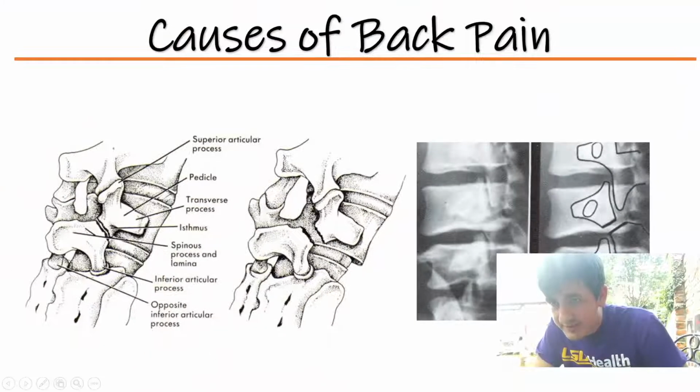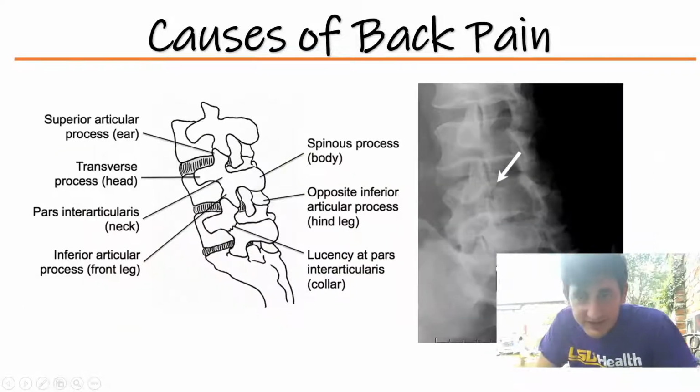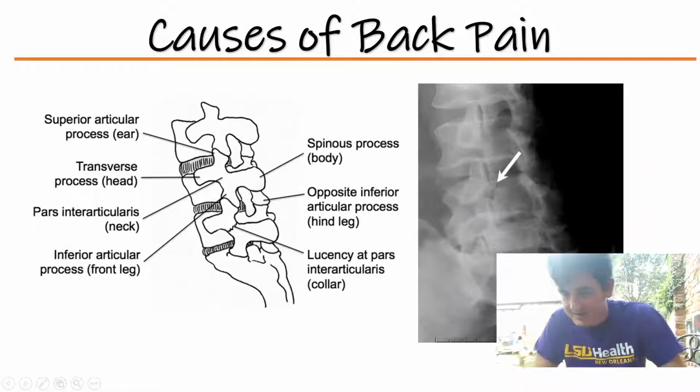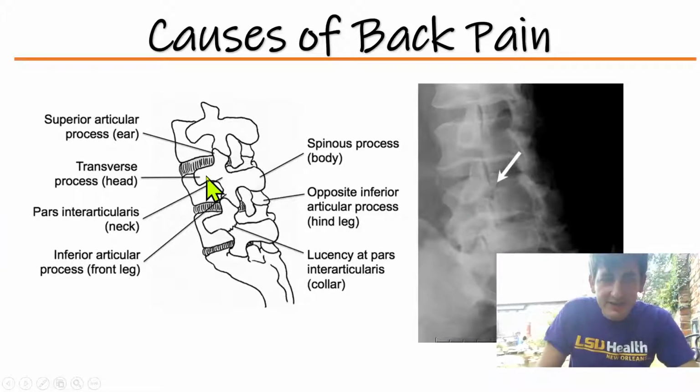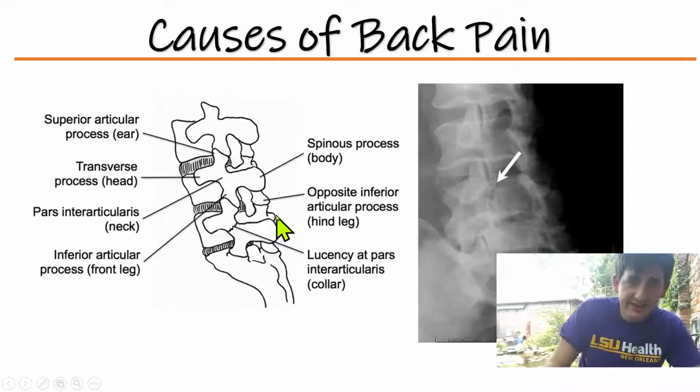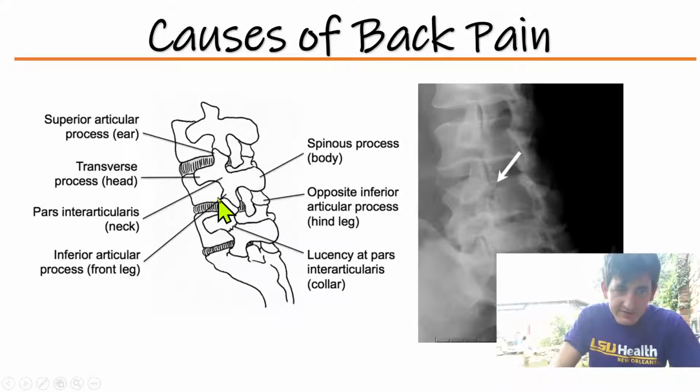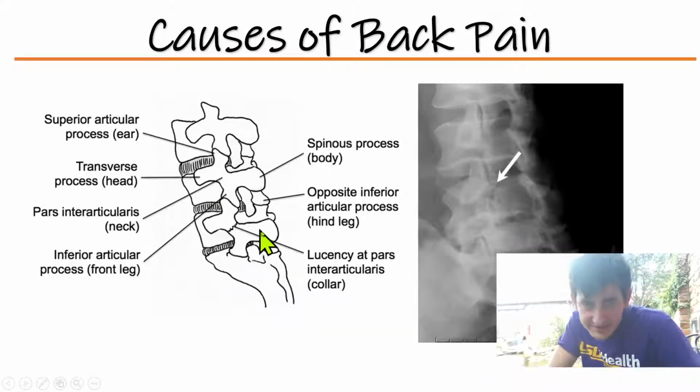And over here, we can also see the dog. Nose, ear. And I don't know if there's a fracture there, but we're going to look at a better case in a second. All right, well, here's a good picture. It shows the ear, the head, the neck, the body, the leg, front leg, and lucency at pars.